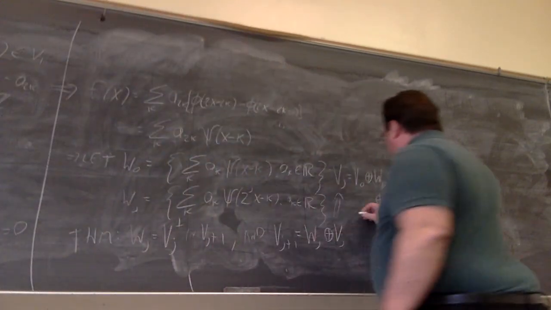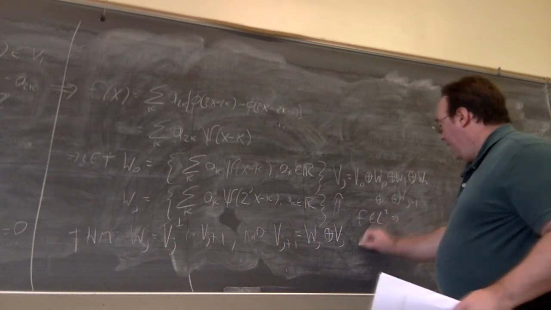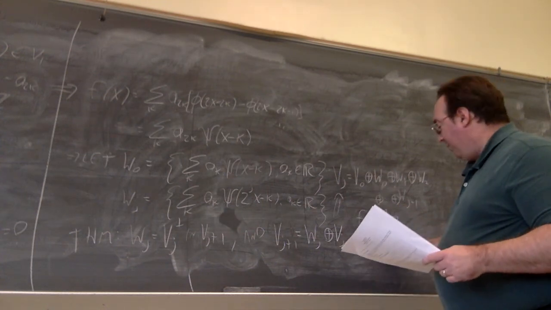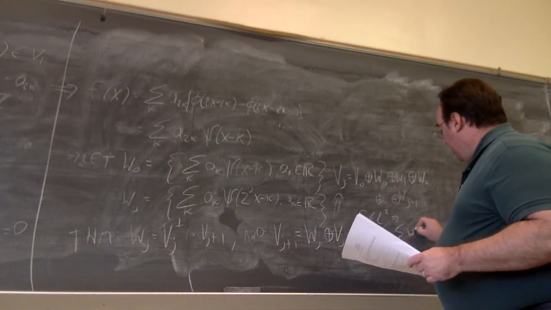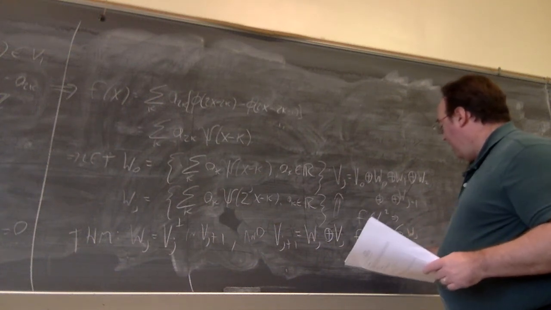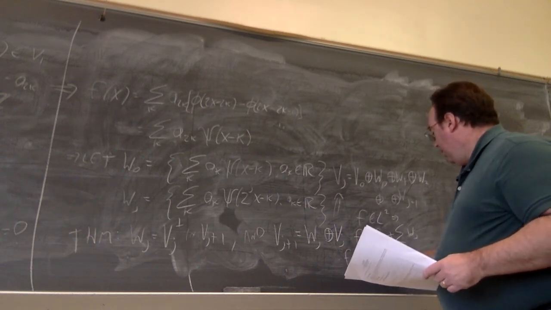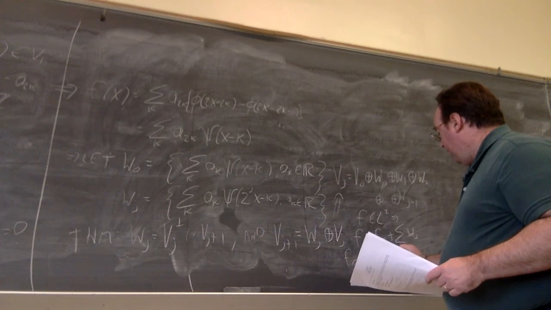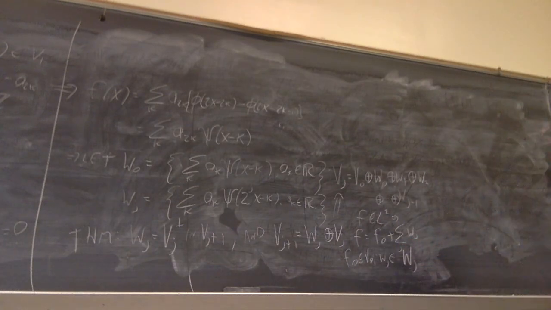So I could say that if f is in L2, f can be written as a combination f naught plus a sum of wj, where f naught is in V naught and each wj is in capital Wj.